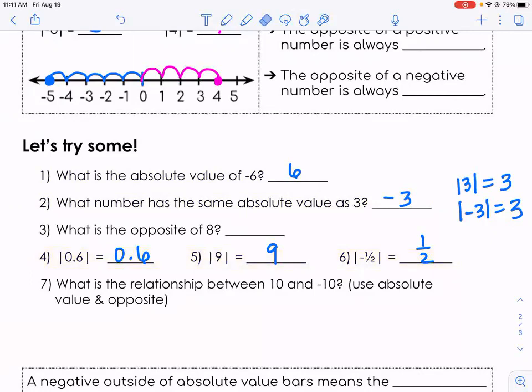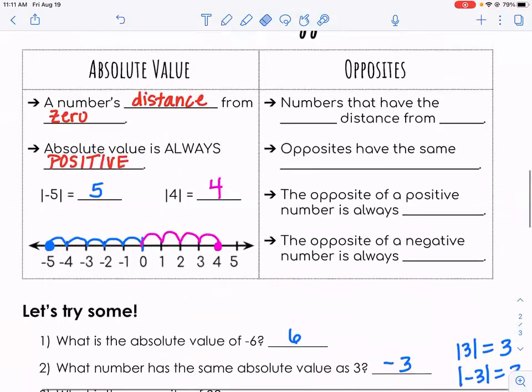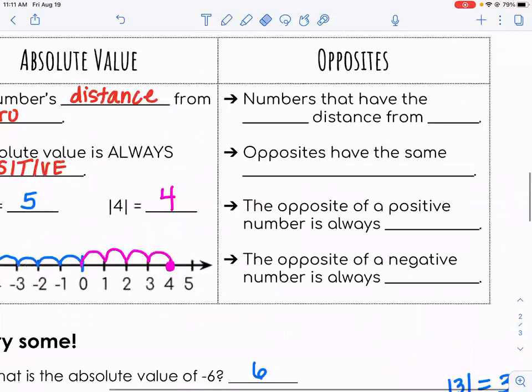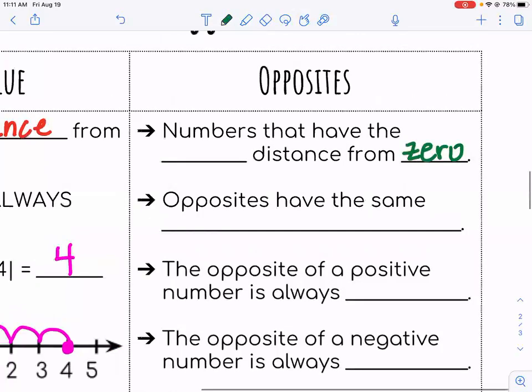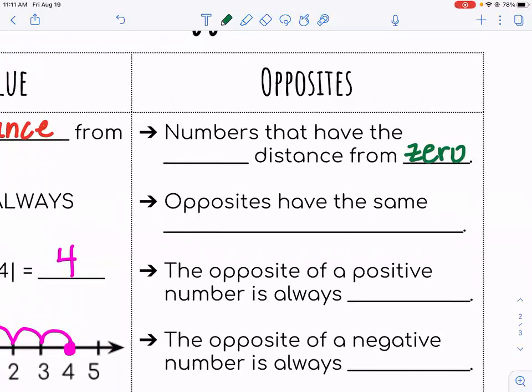So now let's talk about the word opposite. Opposites have the blank distance from blank. Okay, well, I'm guessing we're going to be talking about the distance from 0, right?